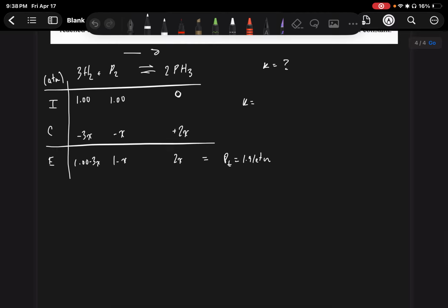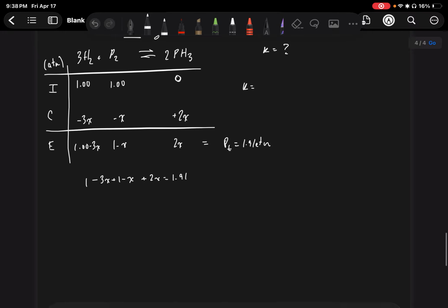Boom. Now we have to solve for x. Okay, 1 minus 3x plus 1 minus x plus 2x equals 1.91. But I can't even read my... Okay, negative 2x plus 2 is equal to 1.91. Wait, what?